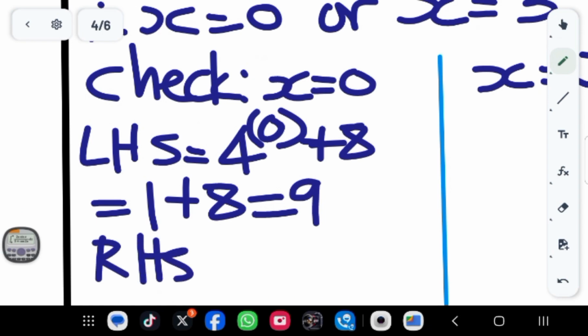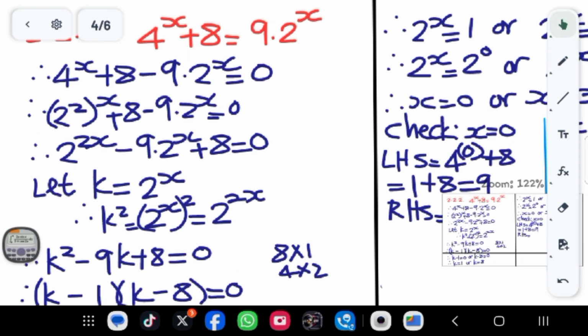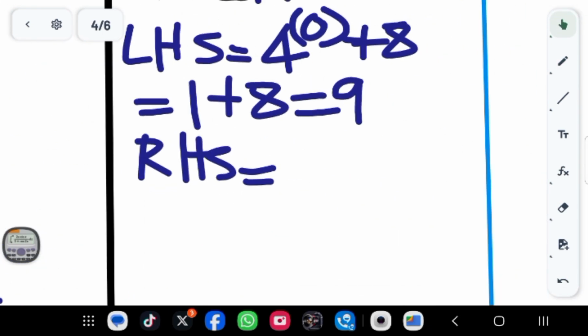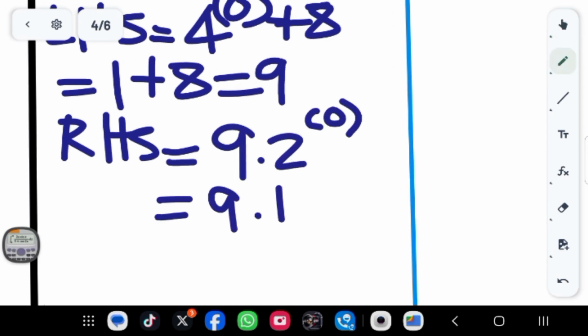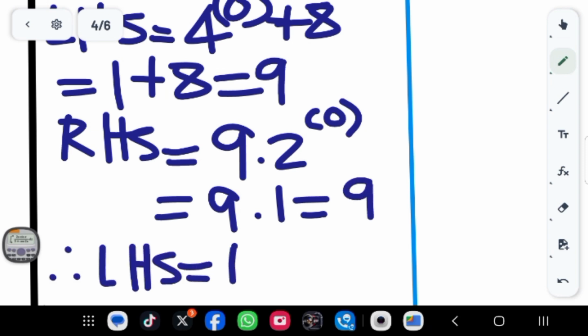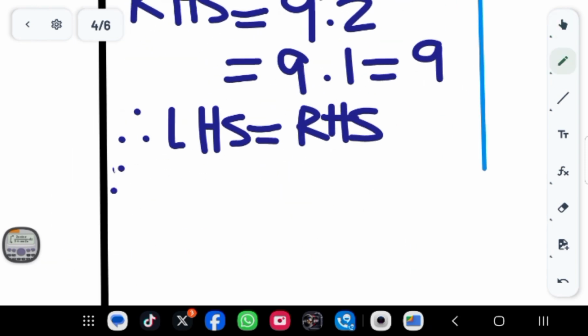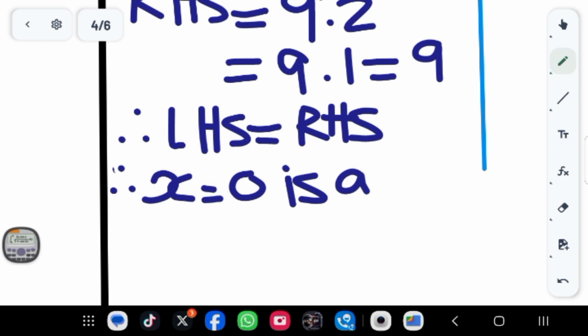On the right hand side, same story. Where there is x, we put 0, so that will be 9 times 2 to the power of 0. Anything to the power of 0 is 1, so that gives us 9. Therefore, the left hand side equals the right hand side, meaning that x equals 0 is a solution.